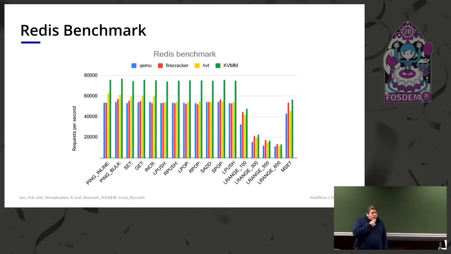So we ran the same experiment with Redis. I should mention that these results are on x86. So we can see that there is improvement compared to QEMU and Firecracker, and also improvement compared to the generic Solo5 approach.